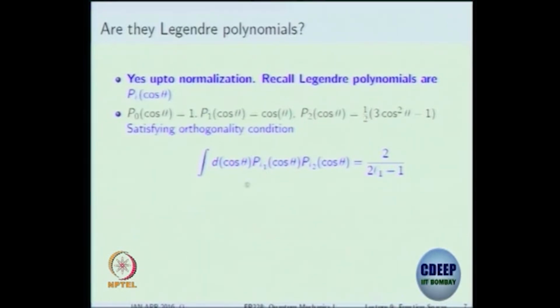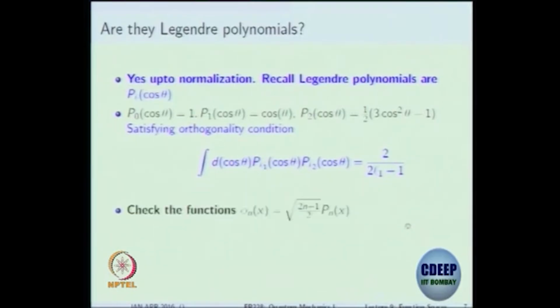If you put a square root here and a square root here, you will see the matching. You want it normalized, meaning you want this side to be 1, so you can take the square root in the denominator for each of these wave functions. So you will find your phi L's are related to your P L's by the normalization.